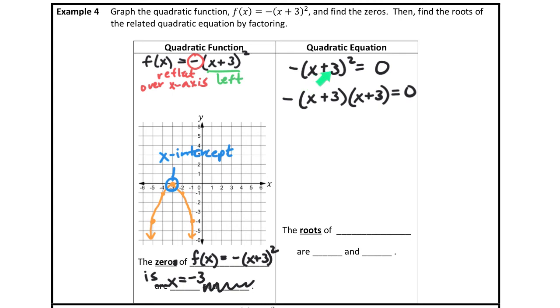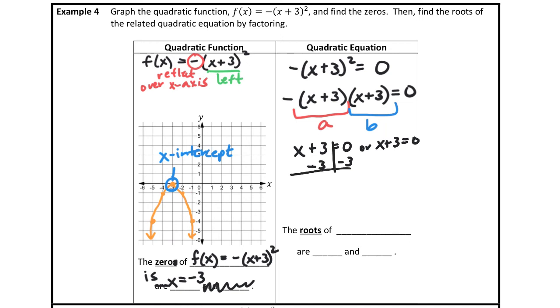So can't I put x plus 3 multiplied by itself? Yeah, and so we already have, in a way, our solution because this is our A, this is our B, and so if I'm multiplying this parentheses times this parentheses and it's equaling 0, that means x plus 3 is 0, or x plus 3 is 0, which is the same thing, right? So if I subtract 3 on both sides, I get x equals negative 3.